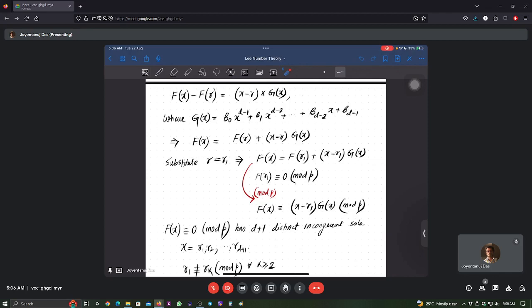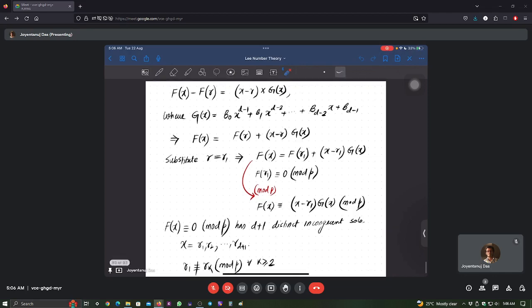So f(x) is equal to (x minus r1) g(x) modulo P. Right. So you're saying f(r1) modulo P is f(x)? No. f(r1) is 0 mod p. This we can say because r1 is a solution.